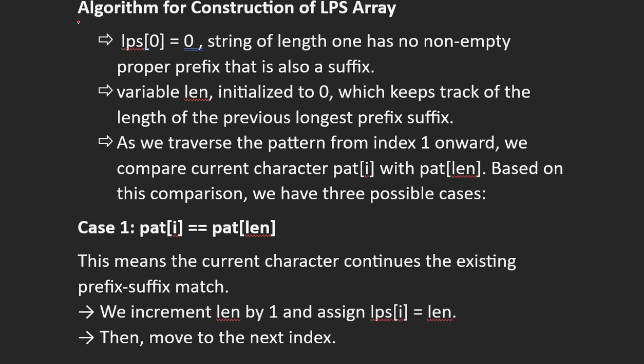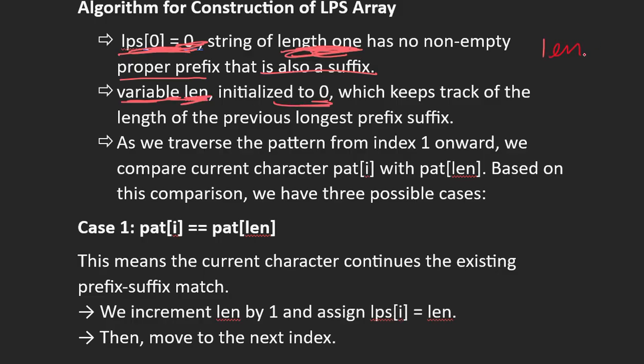So LPS of 0 is 0. Why? Because a string of length 1 has no proper prefix and no suffix. If there is no proper prefix and no suffix, then the answer is 0, right? Then we use a variable length, initialized to 0.